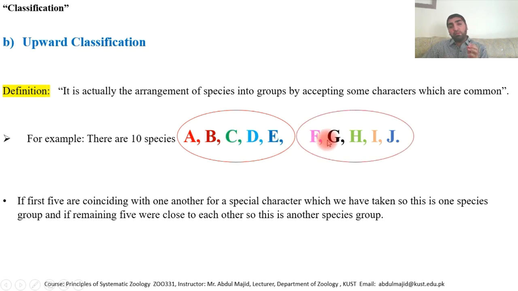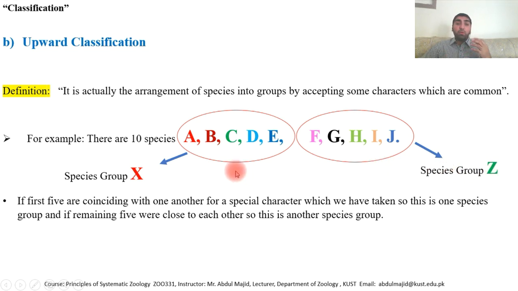And if F, G, H, I and J have certain characteristics in common, we will put them in another group. So we put this one in species group X, and this one into species group Z. We accepted certain similar characteristics, and on the basis of those similar characteristics we placed them into groups.